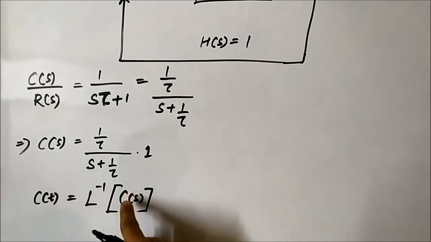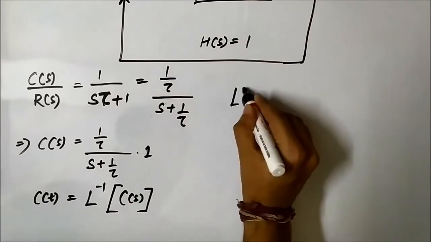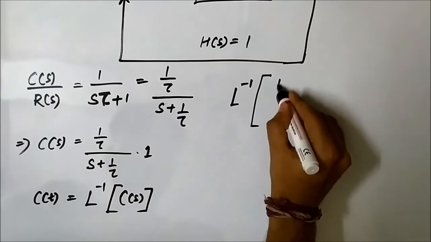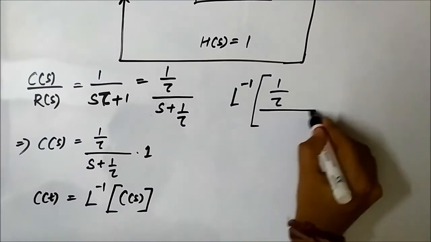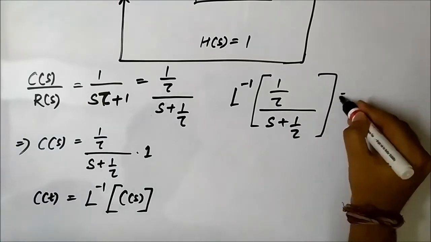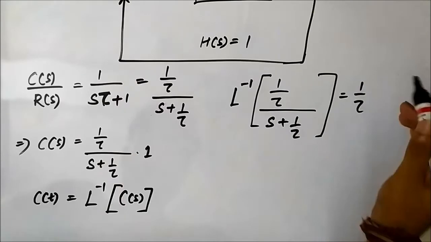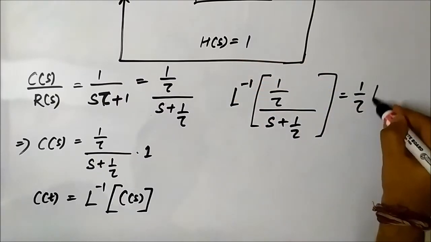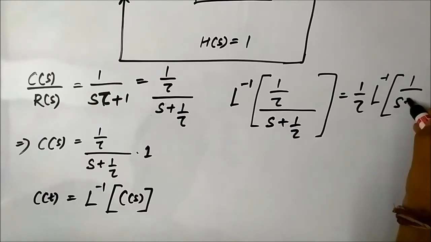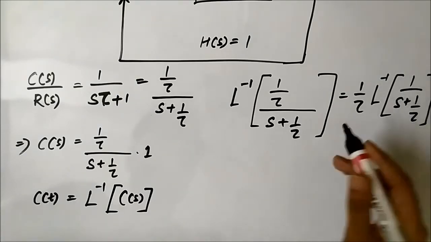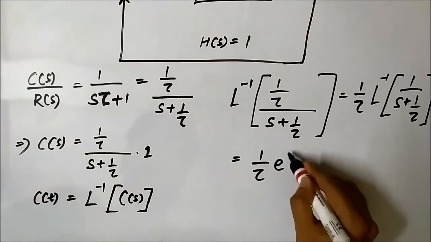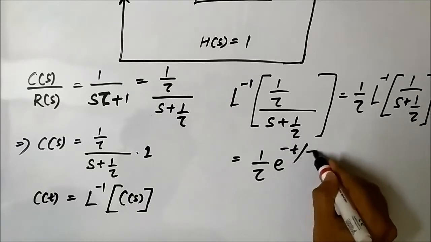So the Laplace inverse of (1/τ)/(s + 1/τ) is equal to 1/τ, which will come out as it is a constant, times the Laplace inverse of 1/(s + 1/τ), so it will be (1/τ) e^(-t/τ).